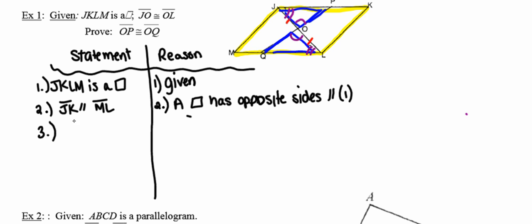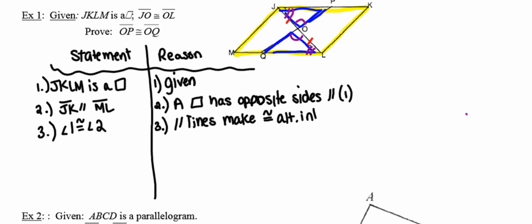And now, because those lines are parallel, I'm all set up to go ahead and draw the conclusion that angles 1 and 2 are congruent. And this was because anytime I have parallel lines, it makes the alternate interior angles congruent. And I'll go ahead and cite statement 2 because statement 2 was where I had my parallel lines.